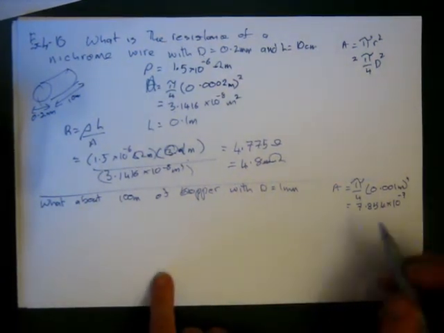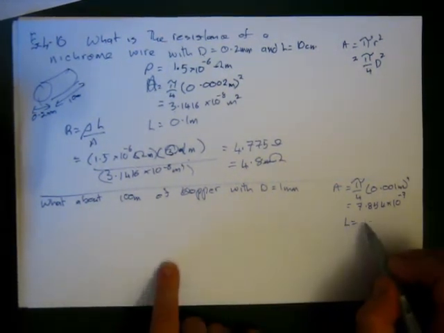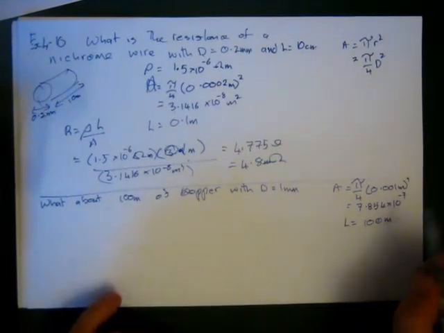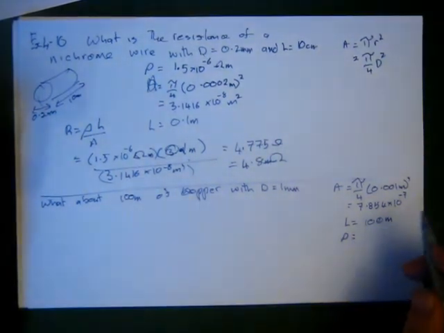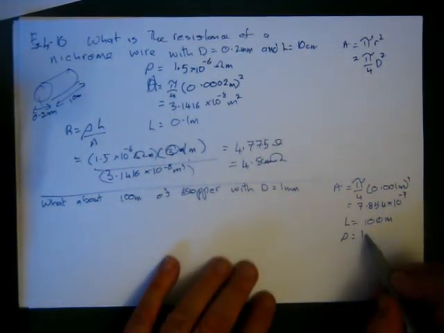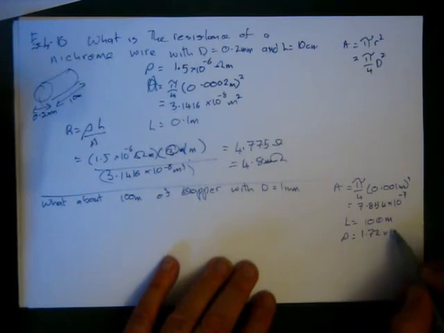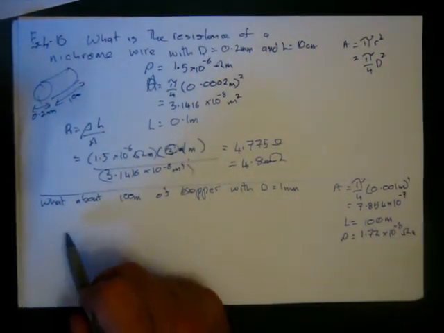Okay, so we know L is equal to 100 meters, and we can look up the resistivity of copper, which is 1.72 times 10 to the negative 8 ohm meters. We stick it into our equation.